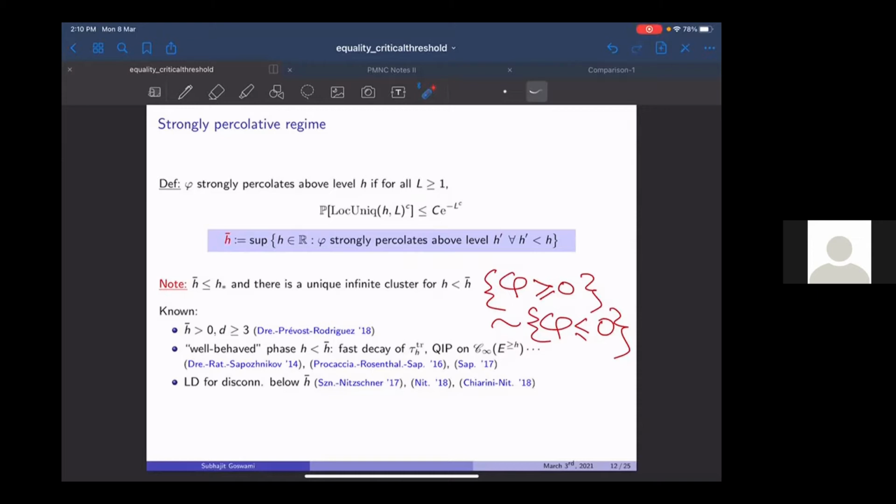You can compare the chemical distance of the infinite cluster with the Euclidean distance. You can prove the invariance principle on the infinite cluster as well, which basically means that if you take a random walk on the infinite cluster and take the scaling limit, it converges to a Brownian motion. All these kinds of properties you can derive, assuming you are in the strongly percolative regime. And recently there have been works on large deviation bounds for disconnection estimates below h bar, with a series of beautiful works.